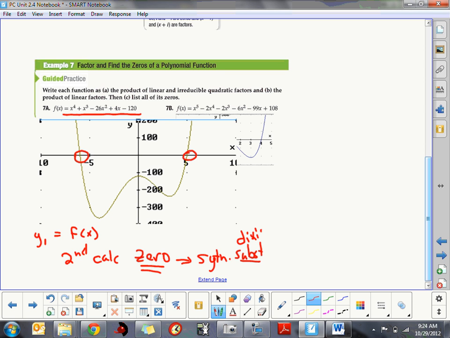I guess division is probably a better way of thinking of it. To reduce this 4th degree polynomial into lower and lower, they call them depressed equations, 1 degree lower each time.